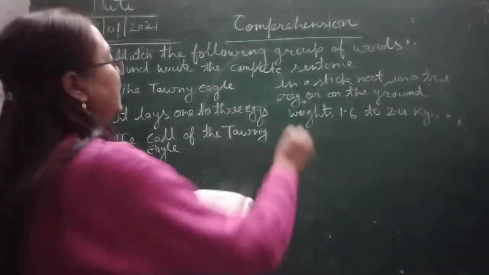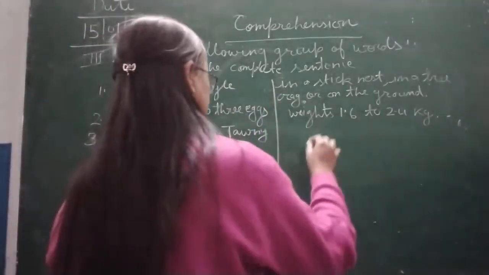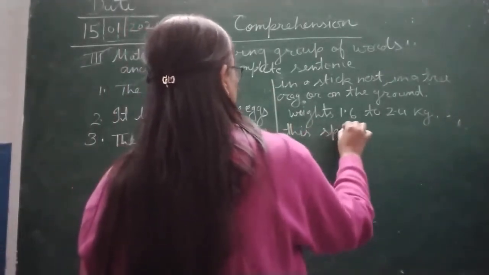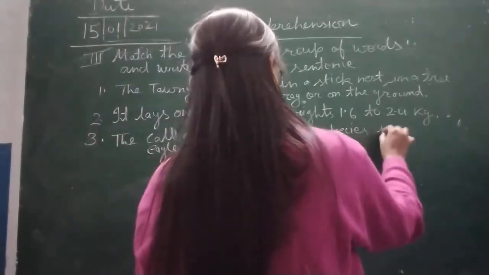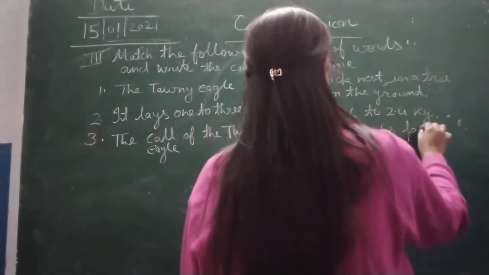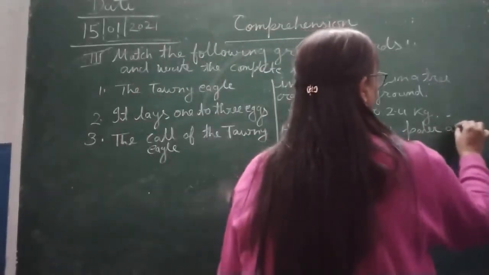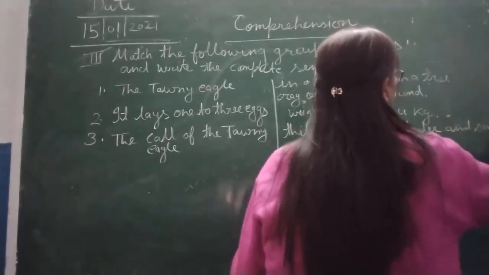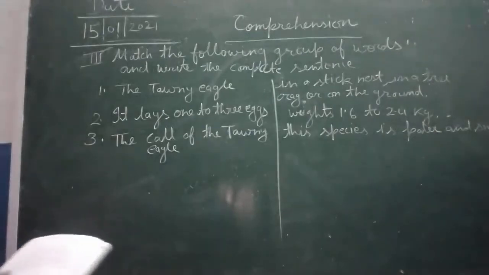Now the next line you can find: this species is paler and smaller. Okay, paler and smaller.